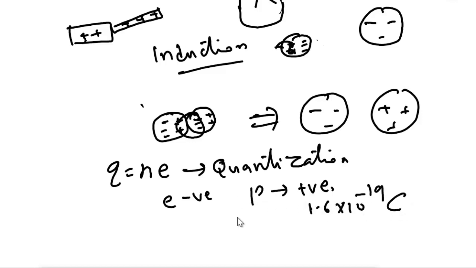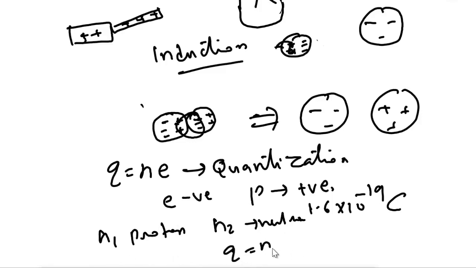Okay, so suppose I have N1 protons and N2 electrons, then what will be the total charge of the system? How can we find out the total charge? Total charge Q equals N2E plus N1E, where this E is negative.